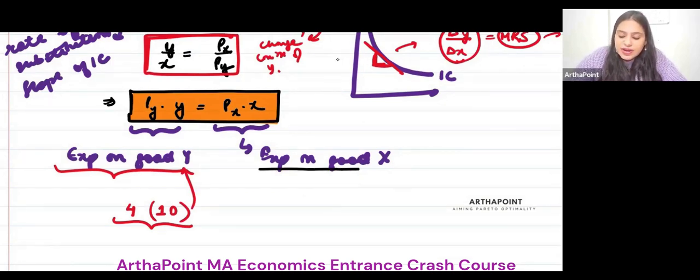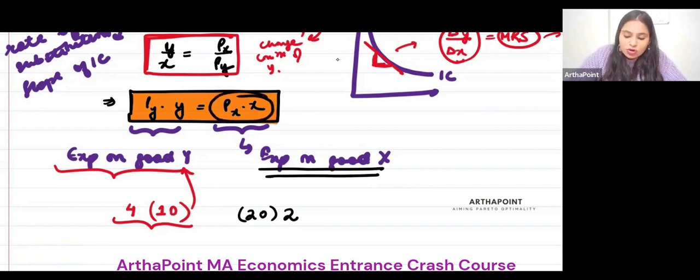What is my expenditure on good X? So for example, if I buy 20 units of good X, each at price 2, that is my expenditure on good X.